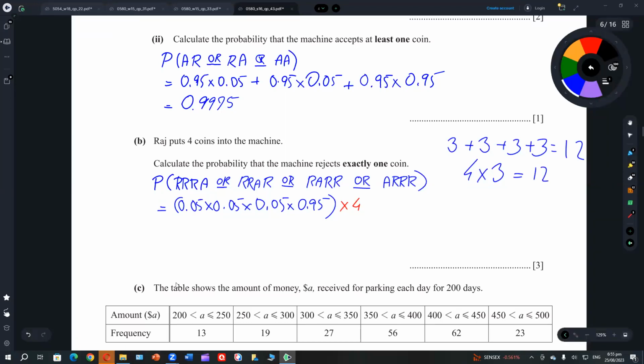So that's why I multiplied by 4. You're adding the same number 4 times, so this is the logic by which you can multiply. I have used the same logic there.